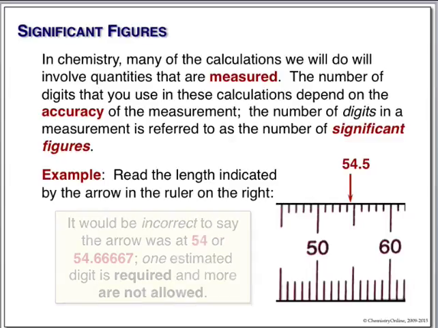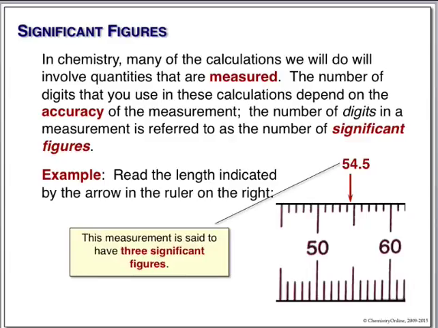We would say that this number has 3 significant figures. 2 of them are real, we know them, and the last digit is always our best guess. In lab, when we do measurements, you're going to do measurements just like this, actually. You're going to put down whatever real numbers you have, and then you're going to do your best guess for the last digit.